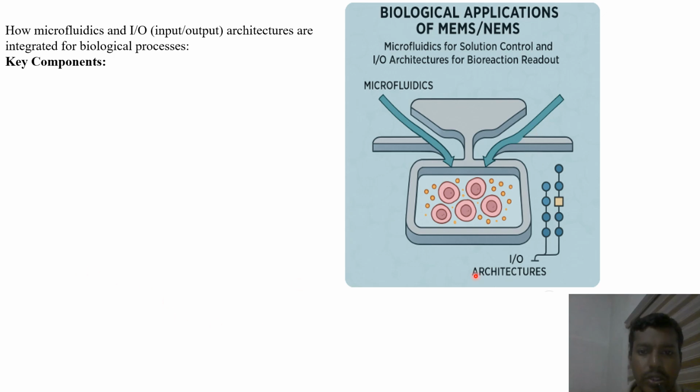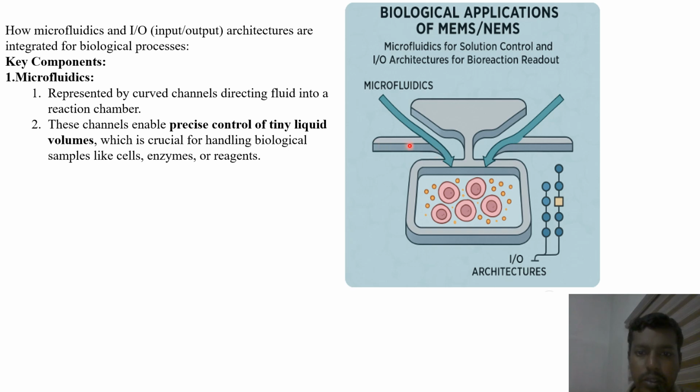This picture, which is an AI generated image, represents biological applications of micro electromechanical systems and nano electromechanical systems. This figure contains three parts. First one, microfluidics. You can see this curved path.